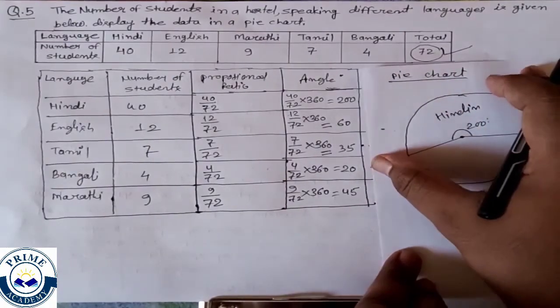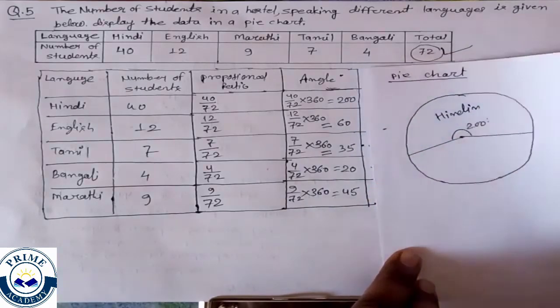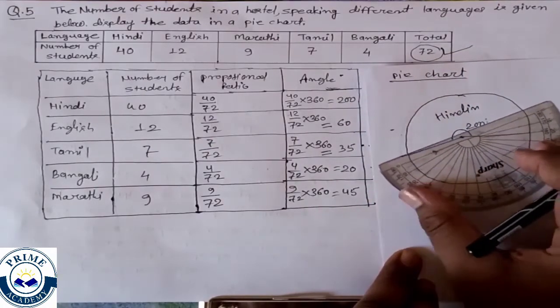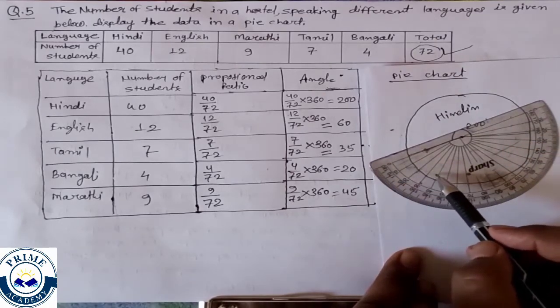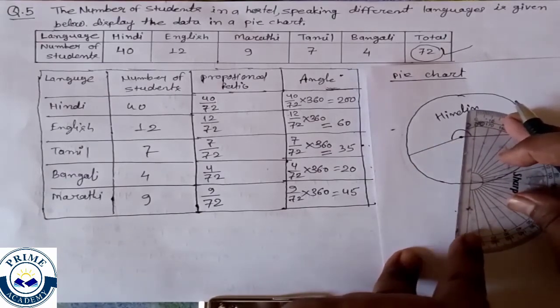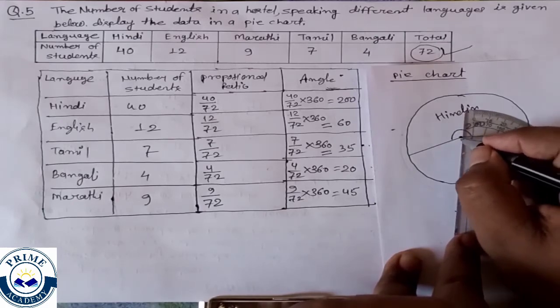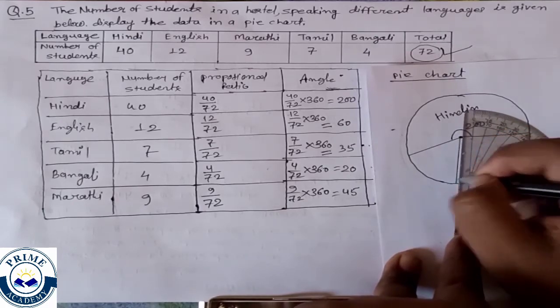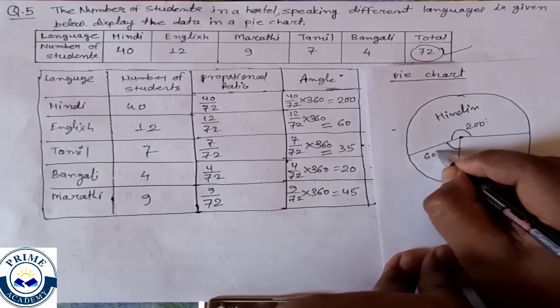Which one? That is 60 degrees. Again what you have to do, you just put it here, calculate 1 2 3 4 5 and 6, that is 60 over here. Similarly, you just divide all these sectors, you will get the right angles. So this is 60 angle, 60 for what?